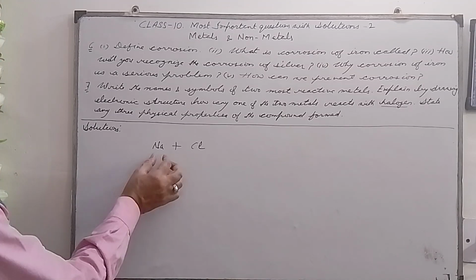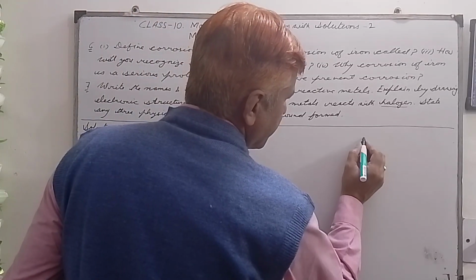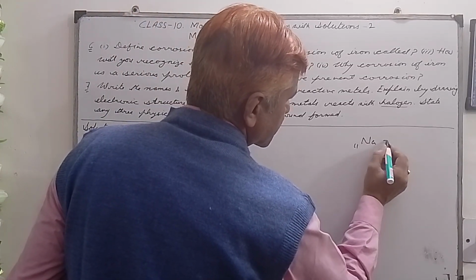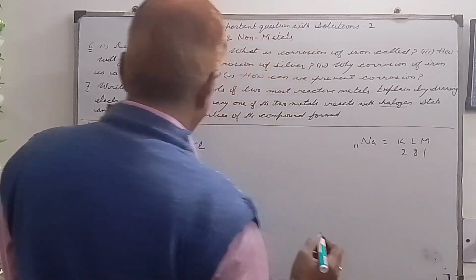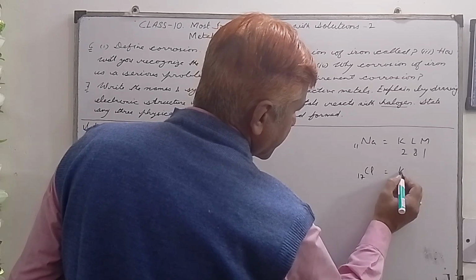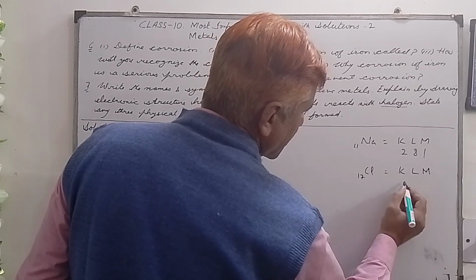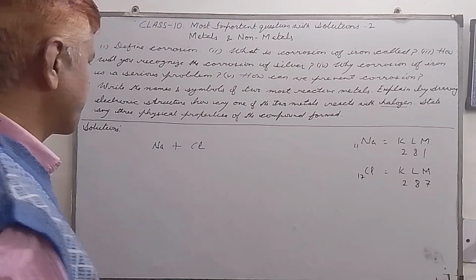What is the electronic configuration of sodium? Sodium atomic number is 11, so K L M is 2, 8, 1. And chlorine, atomic number 17, K L M is 2, 8, 7.